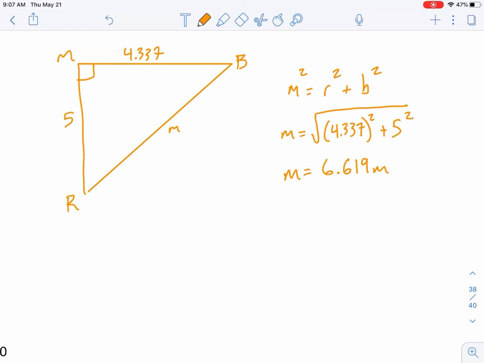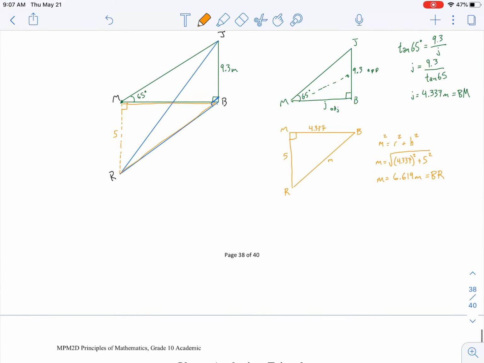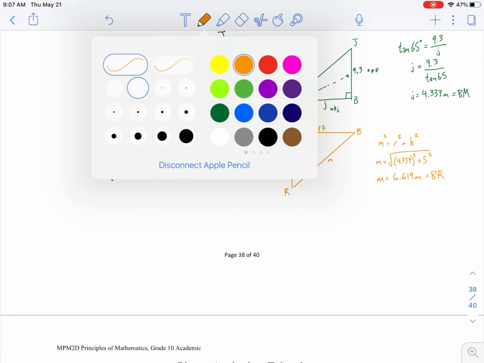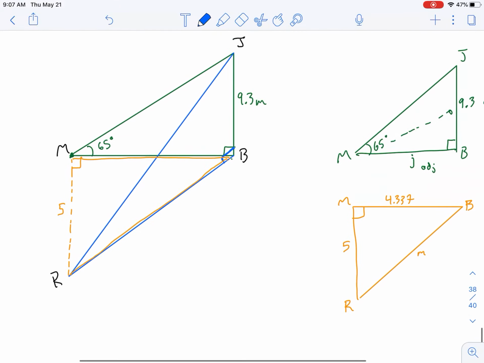Is that side length m, or is that side length also called BR? Just because there's no m in the next triangle we're going to look at, that blue triangle. So now we take a look at our last one here, from Juliet down to the base of the tower, out to Romeo, and back up.